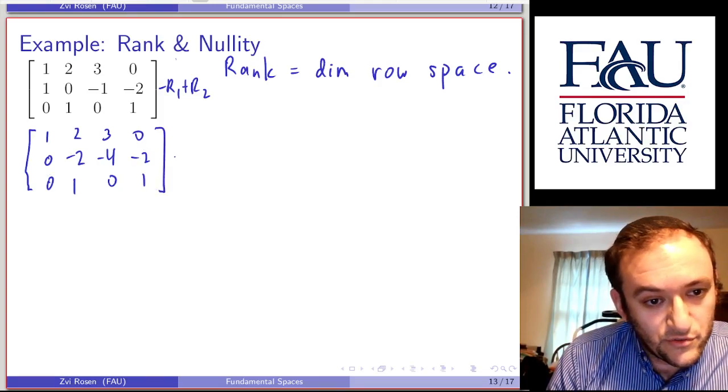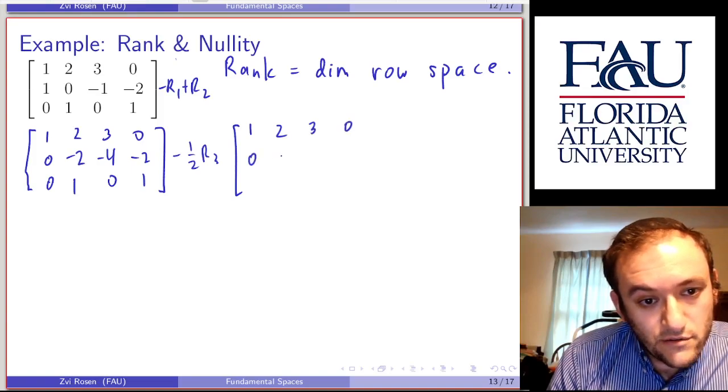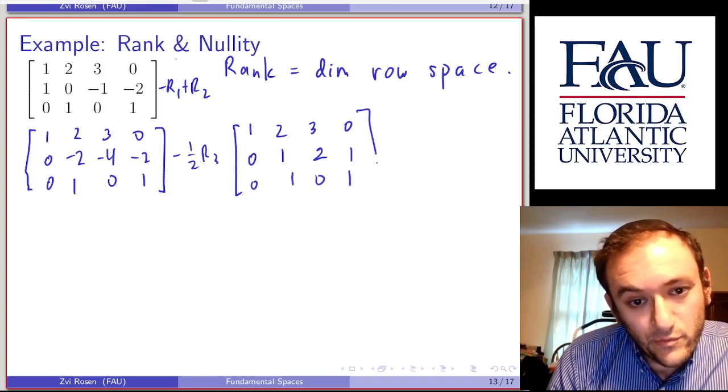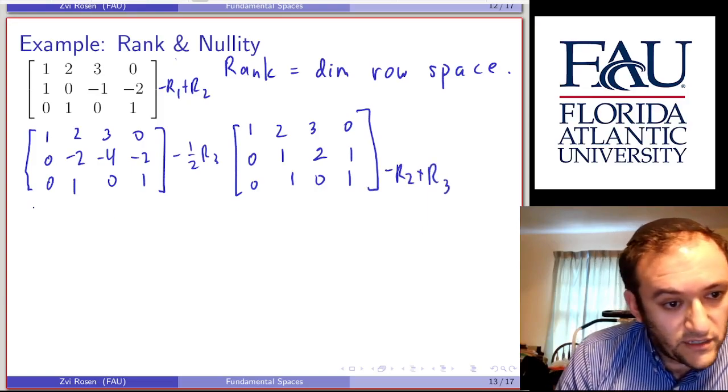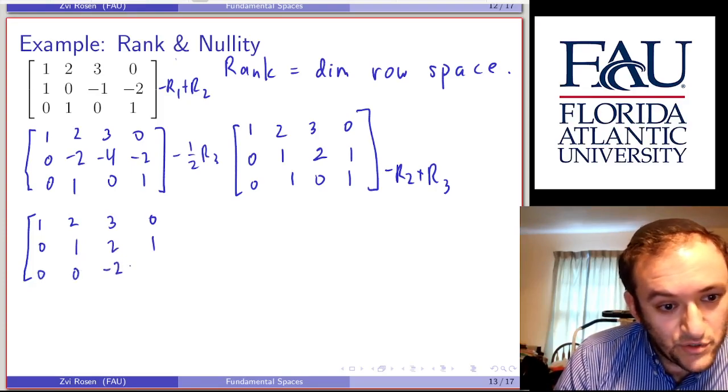And we're going to multiply this by minus a half: 1, 2, 3, 0, 0, 1, 2, 1, 0, 1, 0, 1. And then we can subtract row 2 from row 3 and obtain 1, 2, 3, 0, 0, 1, 2, 1, 0, 0, minus 2, 0.